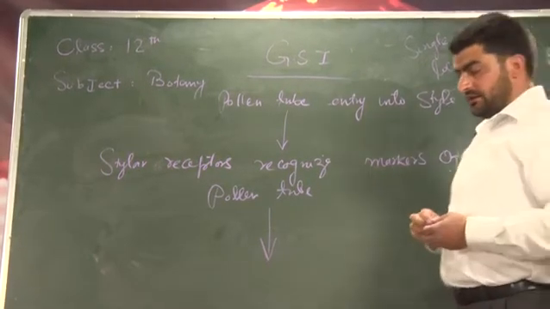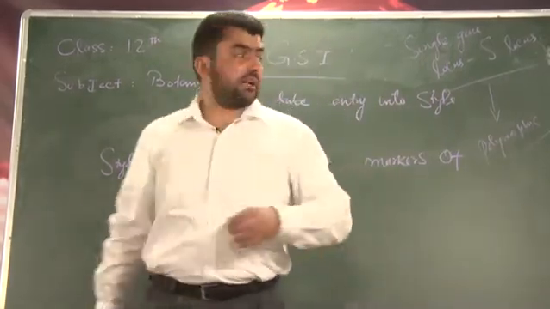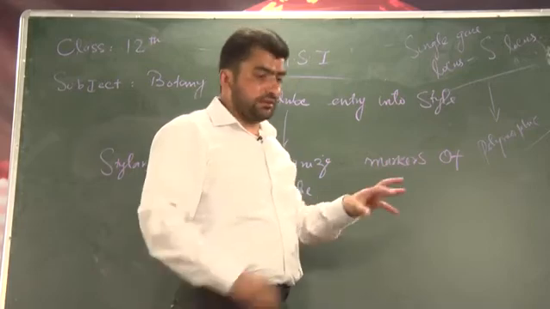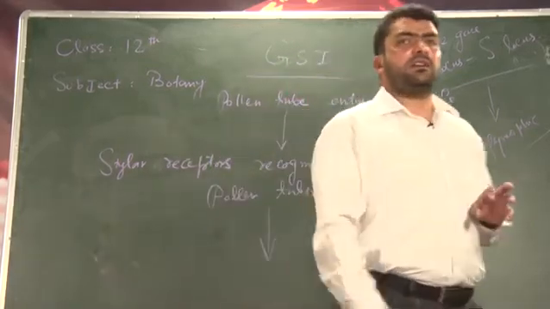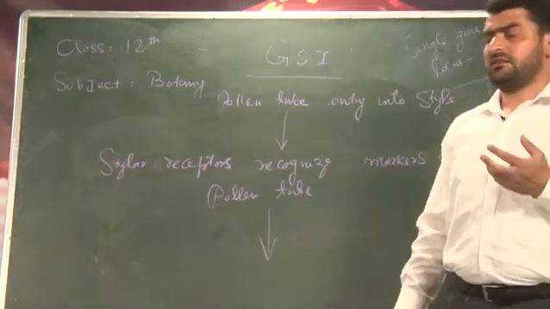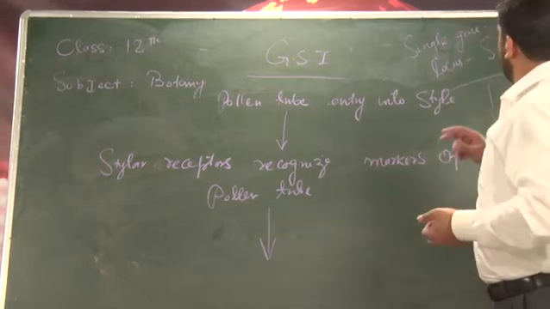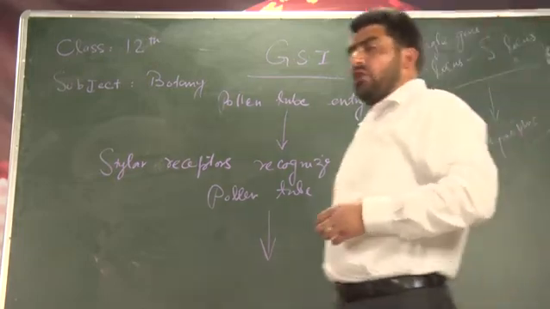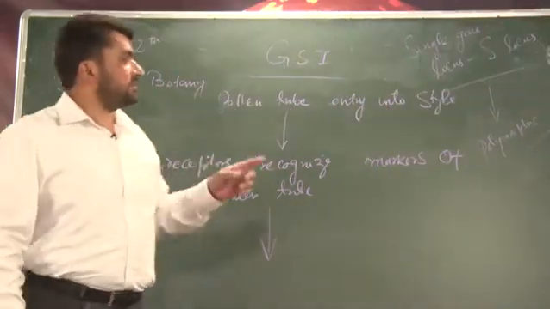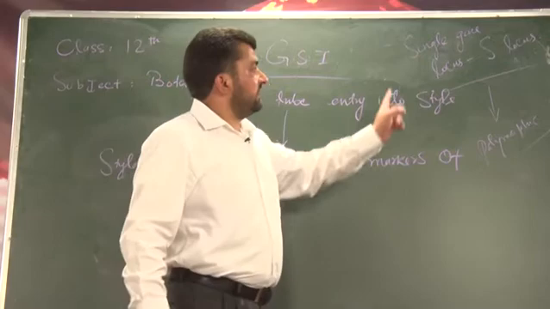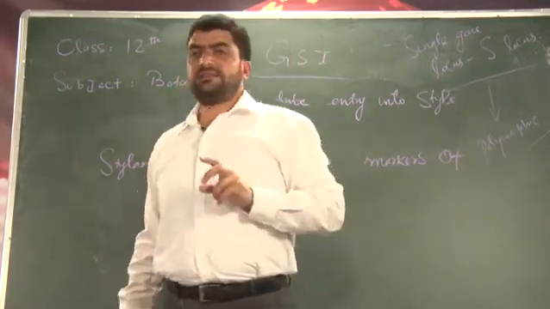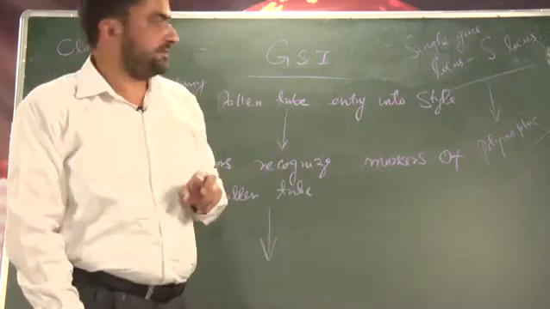Okay. The self incompatibility gene, that is the S gene, is highly polymorphic with a different number of alleles. That is a typical example of multiple allelism, that is the self incompatibility gene. This S locus is a typical example of self incompatibility in plants, right.